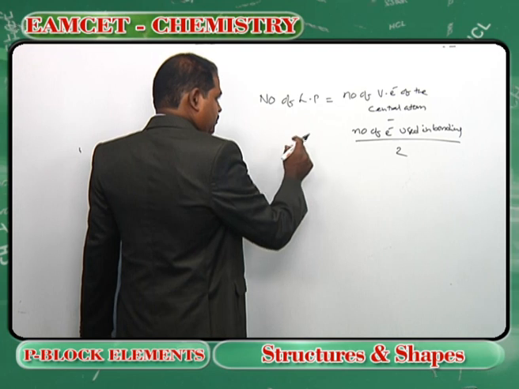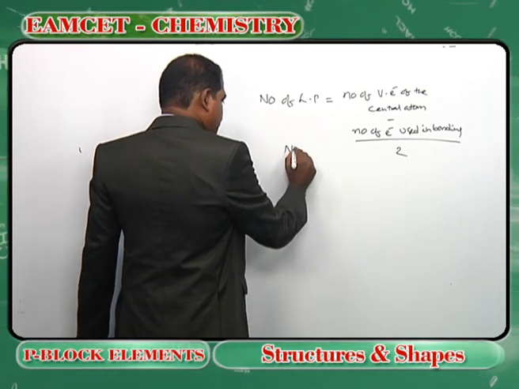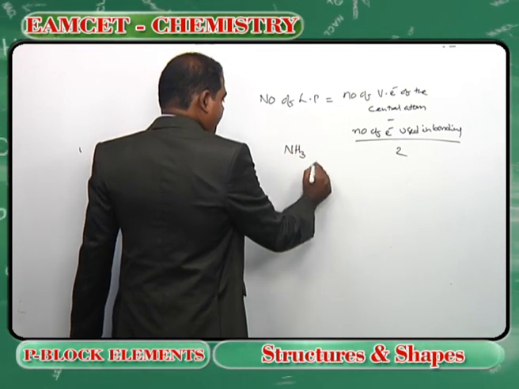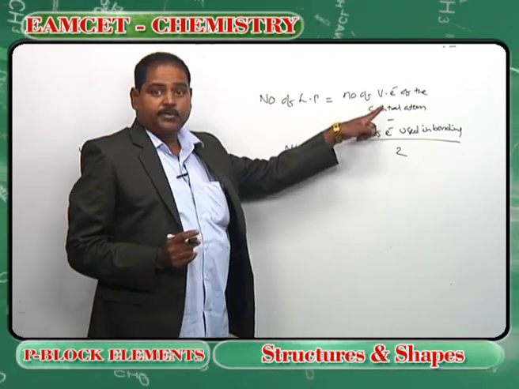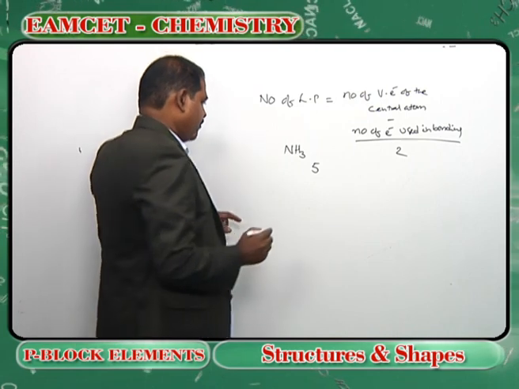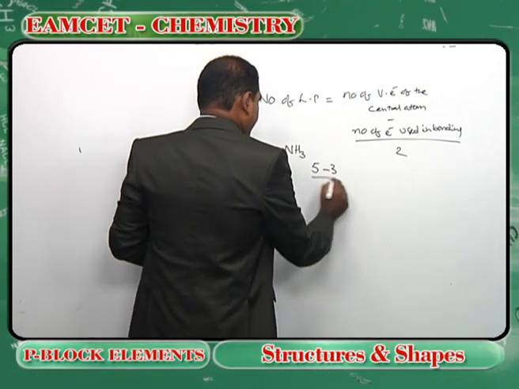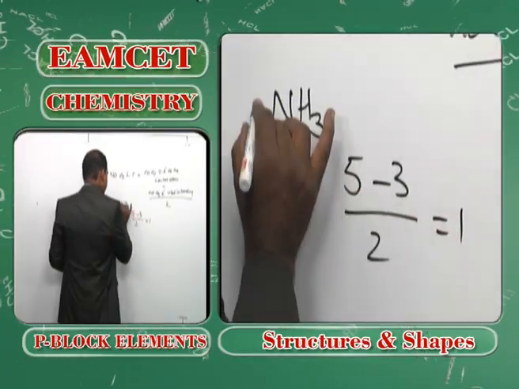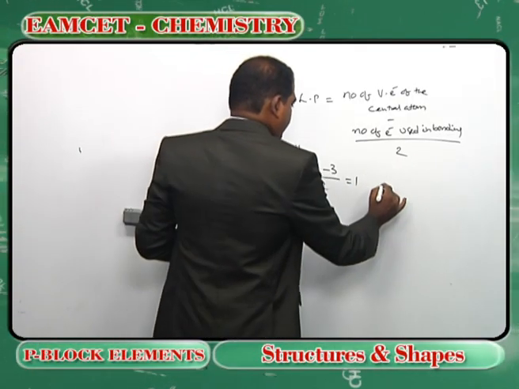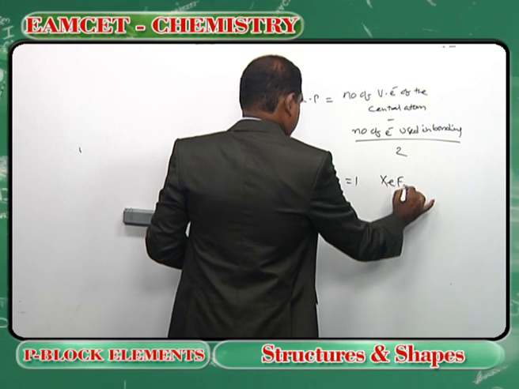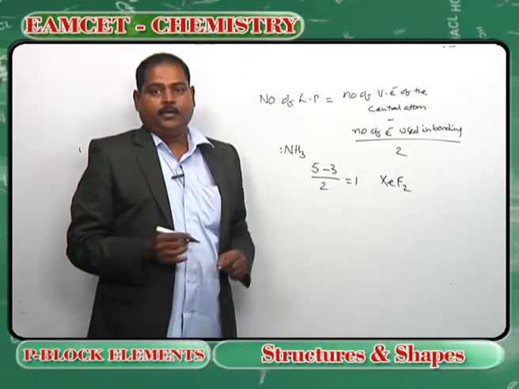For example, NH3, nitrogen has 5 valence electrons, because it belongs to the 5th group. 5 minus 3 divided by 2, in ammonia there is 1 lone pair. XeF2 will have a little too many lone pairs.